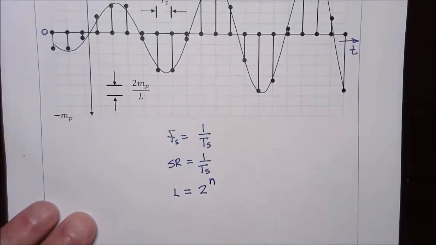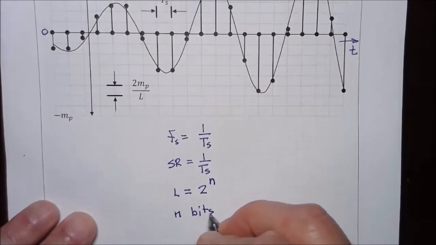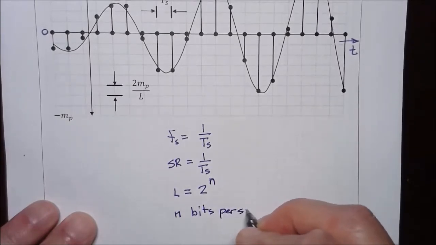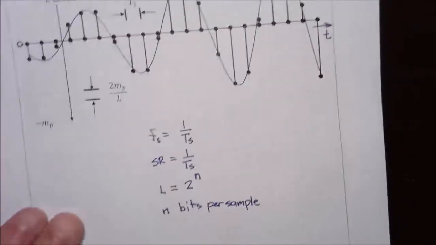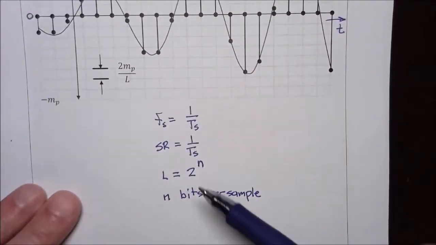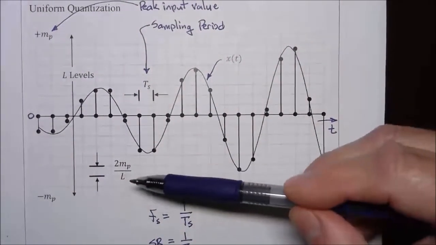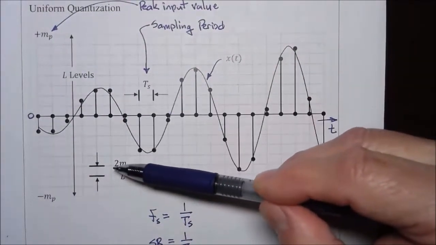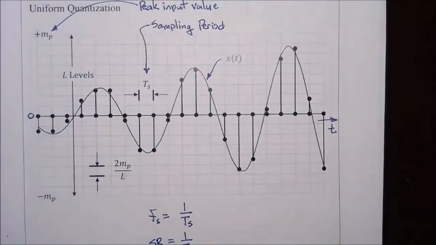L has to be a power of 2, and we are using n bits per sample. Once you've established the number of bits, then 2 to the power of n will give you the number of levels, and 2 MP divided by L will give the spacing between the levels.